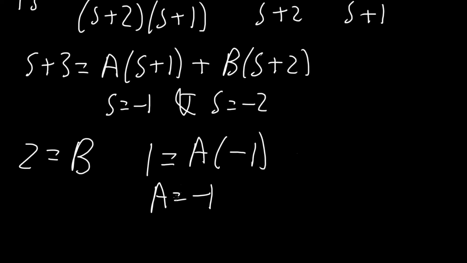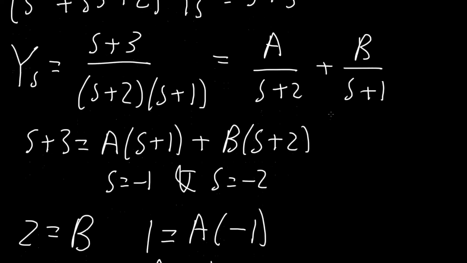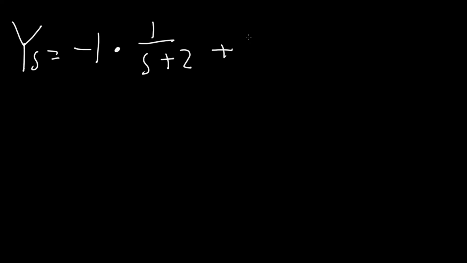And so we're going to plug these values back into our original equation of this. So we're plugging in negative 1 for A and positive 2 for B. And so we would get Y(s) is equal to negative 1 times 1 divided by s plus 2, because A is negative 1, plus 2 times 1 divided by s plus 1, because B was 2.